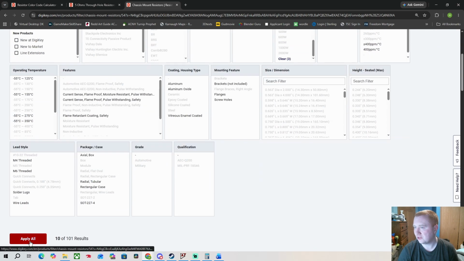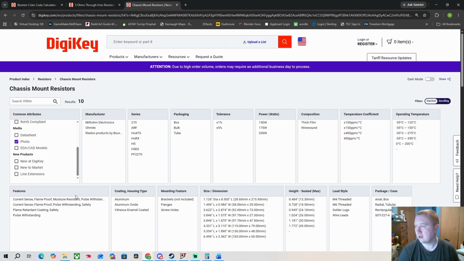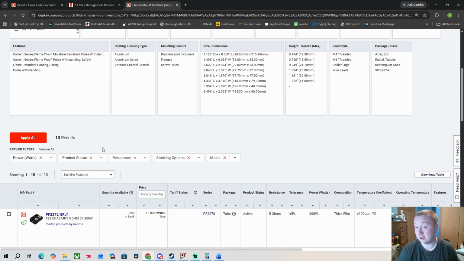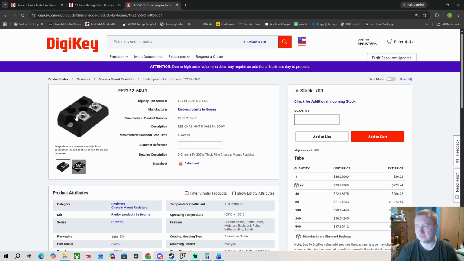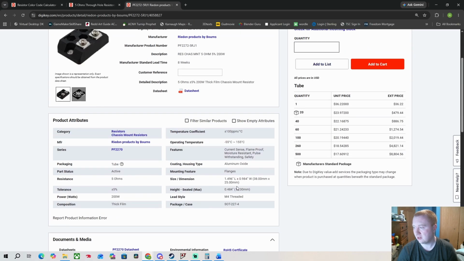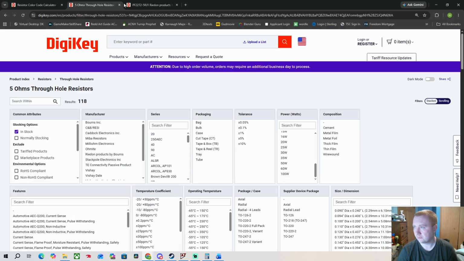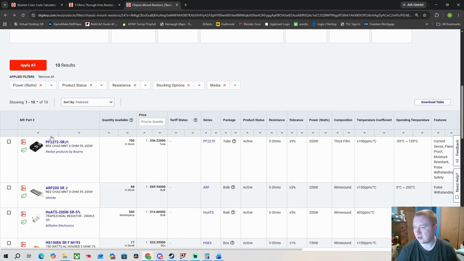So I'm going to just choose ones that have photos. Of course, these aren't 100% representative, but it's for our investigation purposes. These things are big. They're not small. This one measures 1.5 inches by 0.9 inches. Oops, let's go back a sec.